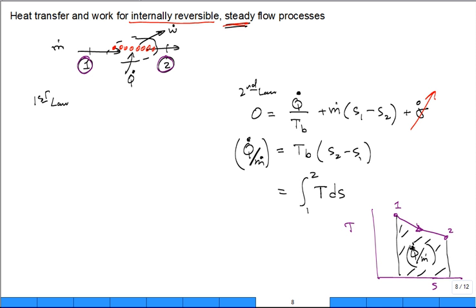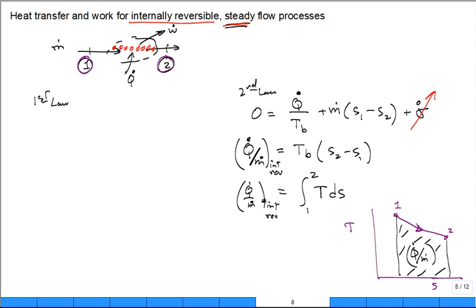Integral T on the TDS diagram, integral TDS. But this is only for solid lines, internally reversible processes, okay? Q dot over M dot int rev. Is that true? That's a review. I think we already had that.